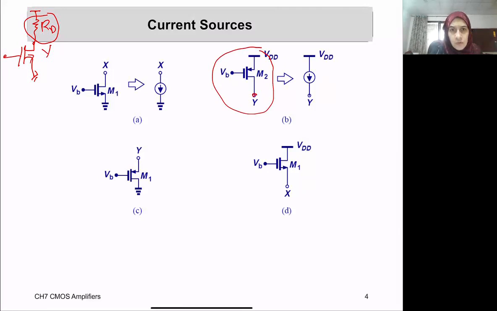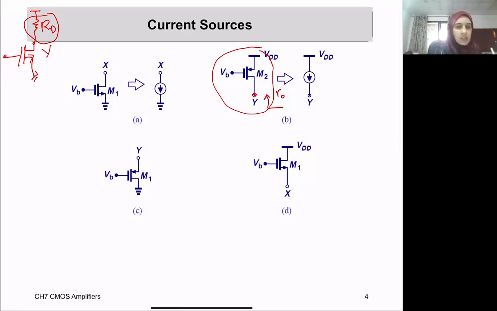What's the advantage of doing so? One thing is that I will be able to have a larger resistor without putting a physical RD. This transistor will give me a large output impedance, and it does not take a larger voltage drop across it. If I look from here up into this transistor, I will have an impedance given by Rout or R0.